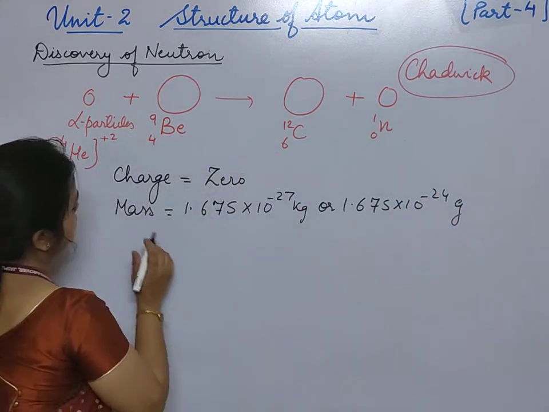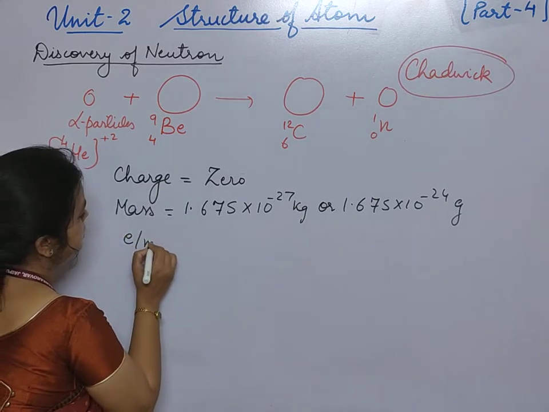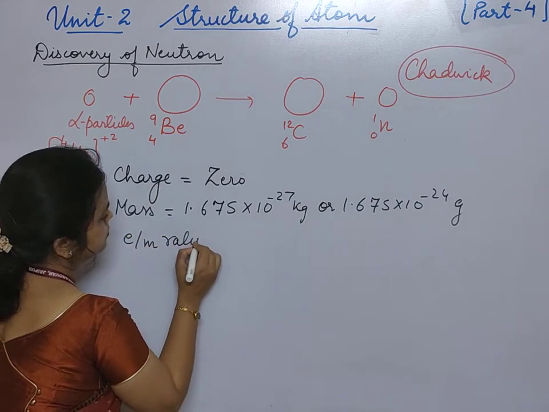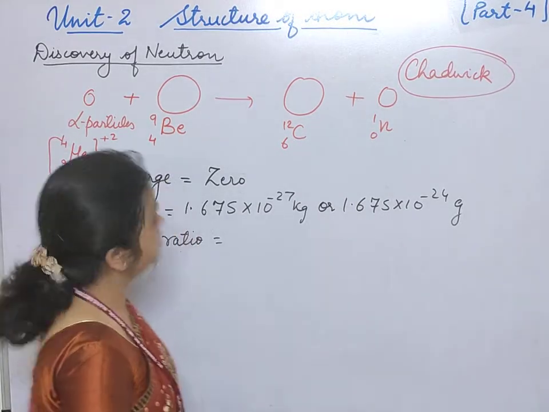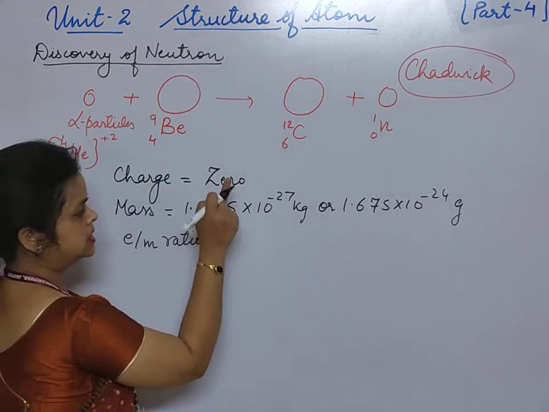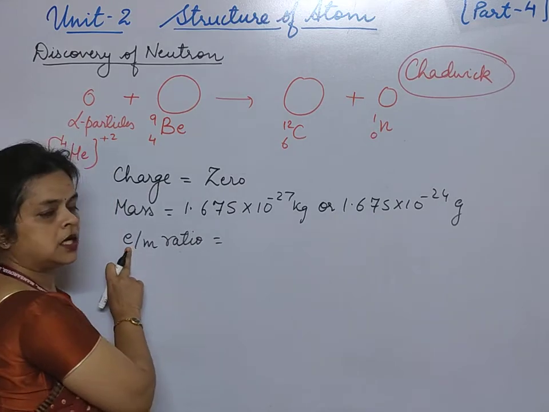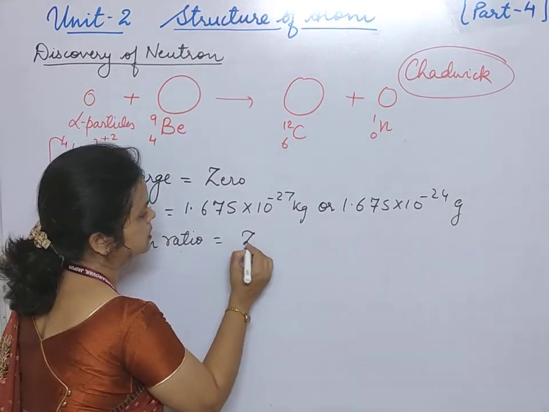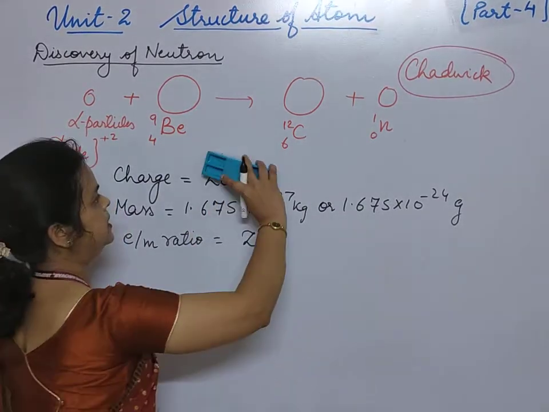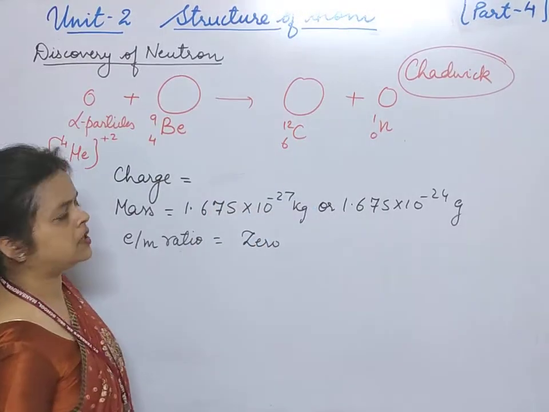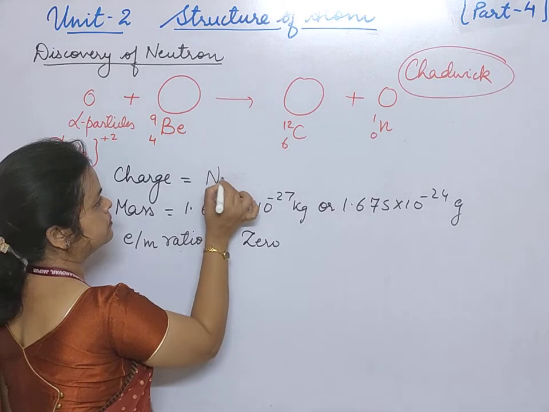Okay, and when we talk about the E by M ratio, because the charge is 0, so charge upon mass will also be 0. They are neutral. So instead of charge we can also write here neutral. They are not having any charge.